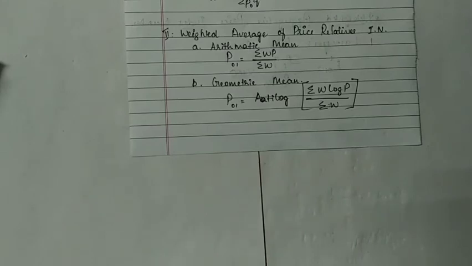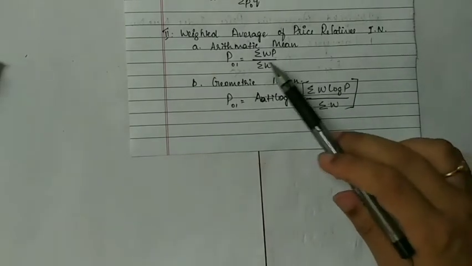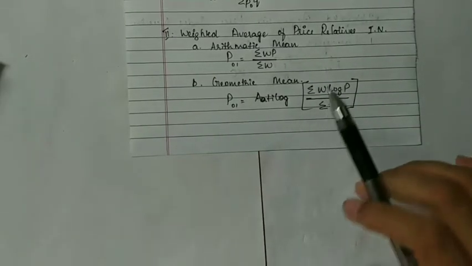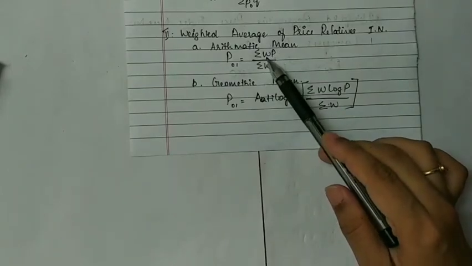Now let us start with the calculation of weighted index number, the second method, that is weighted average of price relatives index number. In this, just like the previous simple average of relatives, here also two are there, arithmetic mean and geometric mean. Here the additional thing is W, that is weight.